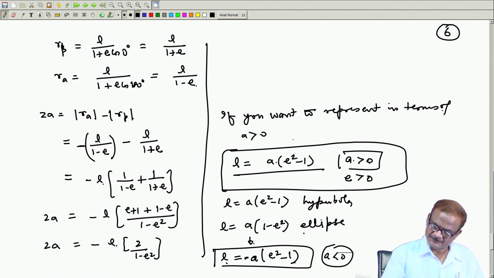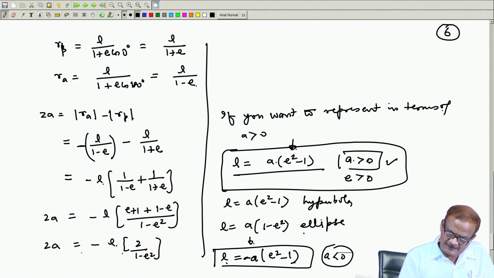If we write here in this way, so a is greater than 0. This is the expression for hyperbola. This is also the expression for hyperbola, but here in this case a is less than 0. So, this thing we have to take care of while writing, otherwise it may be confusing.